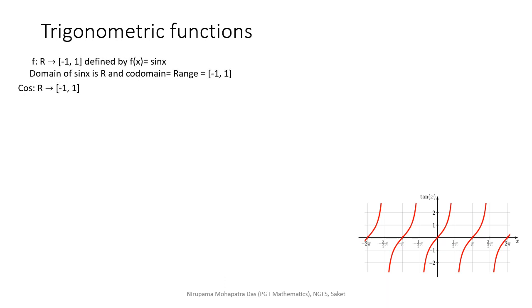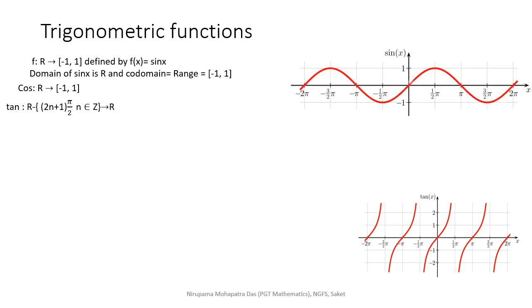Trigonometric functions. First, have a look at the graph of the sine function. Along the x-axis, the spread of the graph is non-ending in both directions, which shows the domain of the function is the set of real numbers. Along the y-axis you can see the height of the graph, 1 here, and -1 on this side.